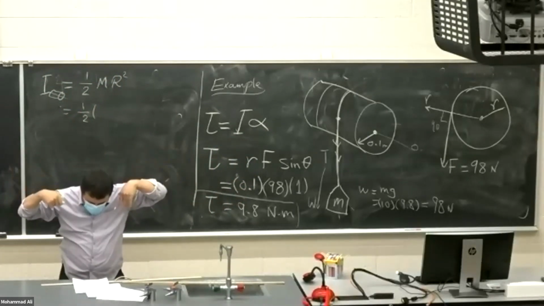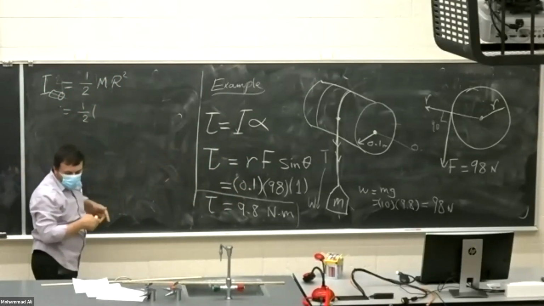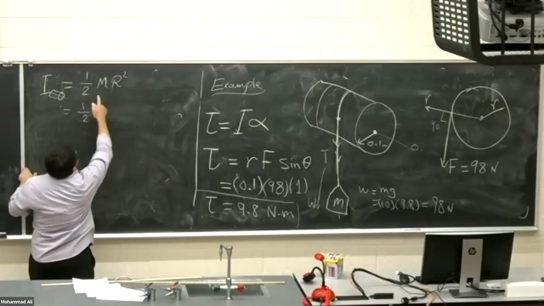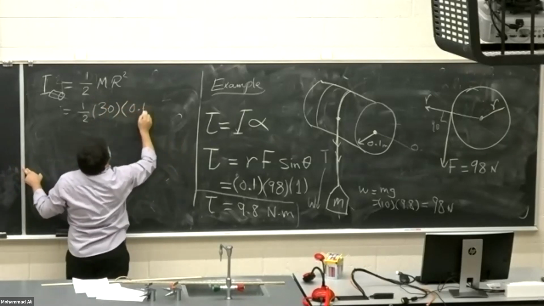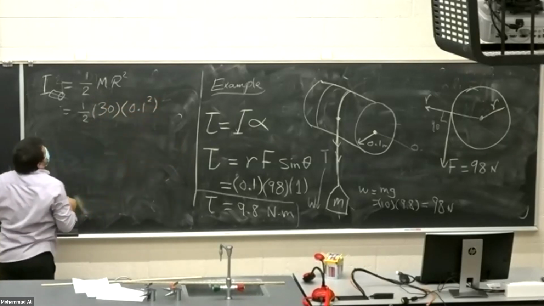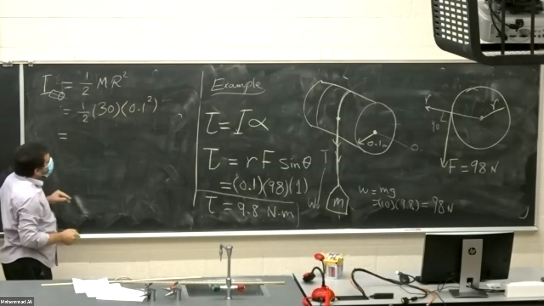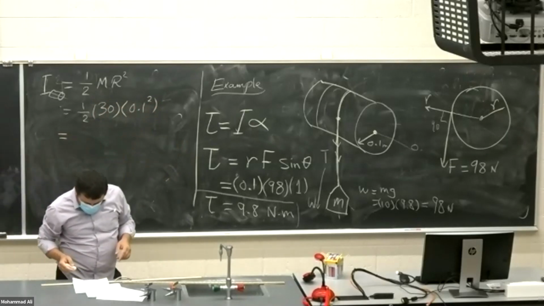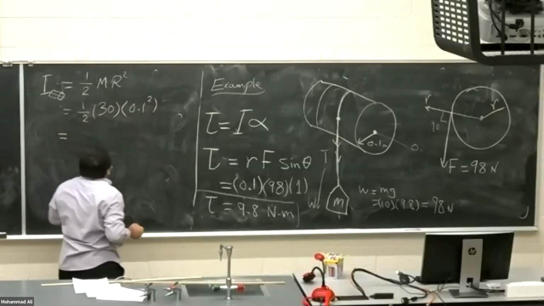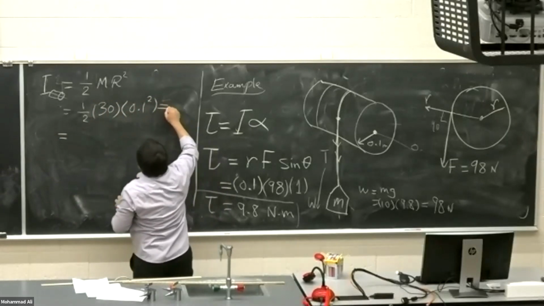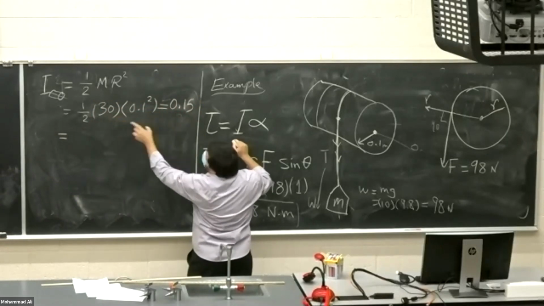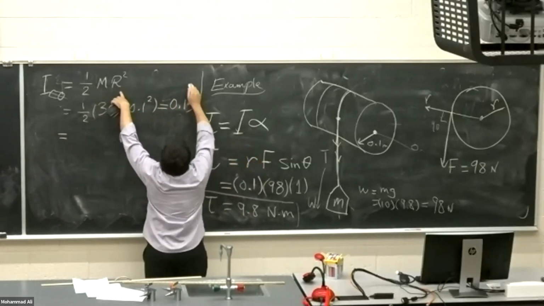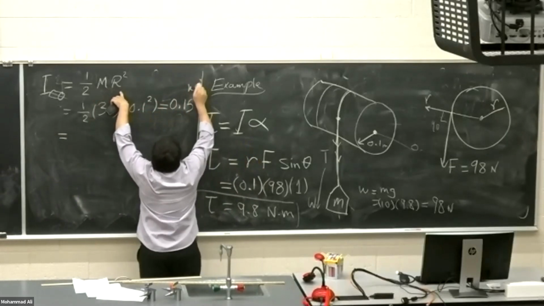It is 10 kilograms. No, it is 30 kilograms, capital M. The radius is 0.1. I need to square it. This will be equal to 0.15 kilogram meter squared. That is the unit of the moment of inertia.